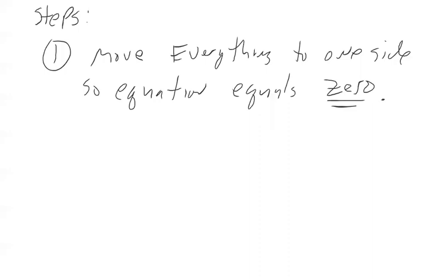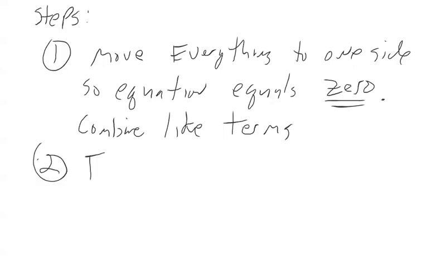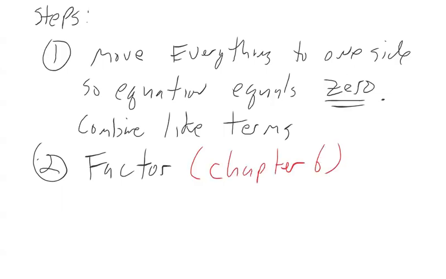And then make sure you also combine like terms. Step 2: factor. And this is from chapter 6. So you have to understand the procedures from chapter 6 so that you can actually solve using this method.